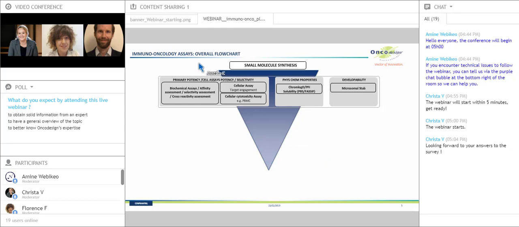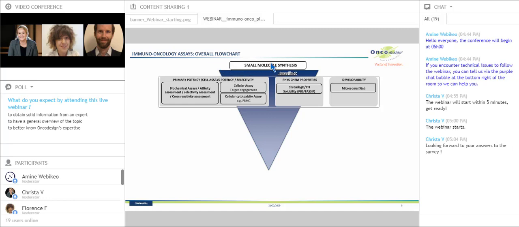Speaking of flowcharts, I just have a couple of slides to summarize a classical flowchart. I took one that is usually applied when you develop small molecules, but you could easily adapt it when you are developing biologics. Usually you start with a batch of molecular synthesis by chemists, and these chemists provide the molecules that have to go through a first batch of assays.